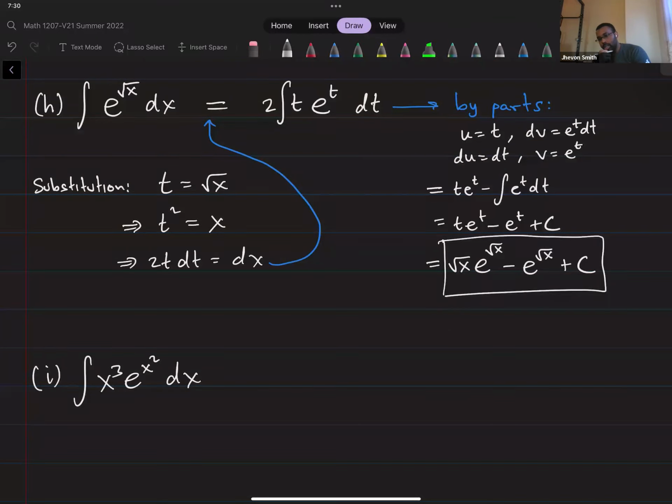It's also worth mentioning here that if you try to jump into integration by parts directly, which you could do, it'll kind of be weird. I think you'd end up having to do a substitution to rewrite it in the first place.